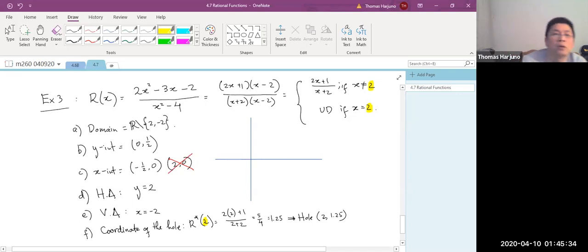Okay, let's go back. Horizontal asymptote will be y equals 2. Let's say this is my y equals 2. Vertical asymptote x equals -2. Let's say this is my x equals -2.